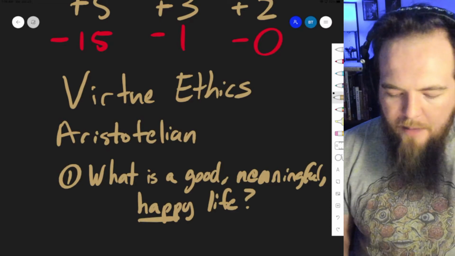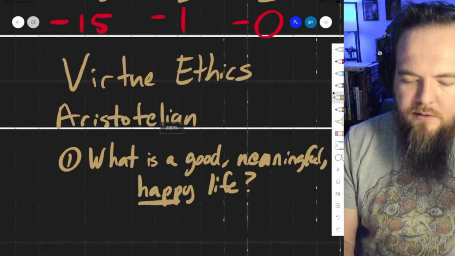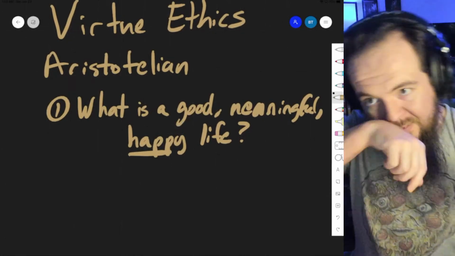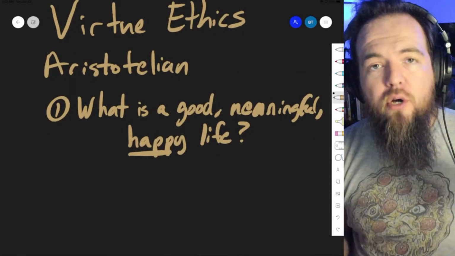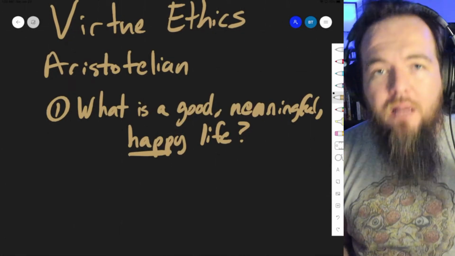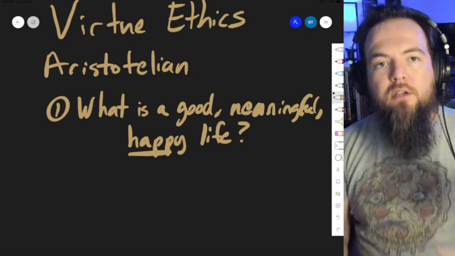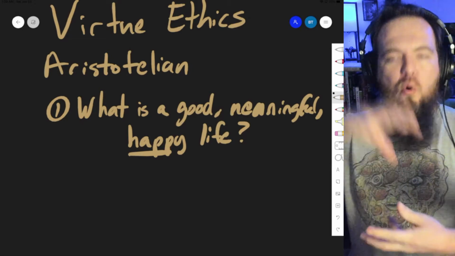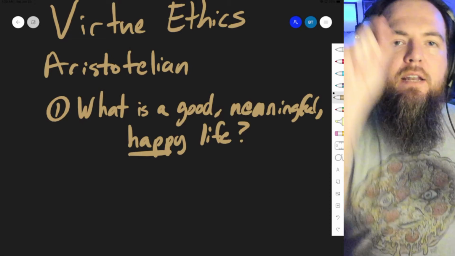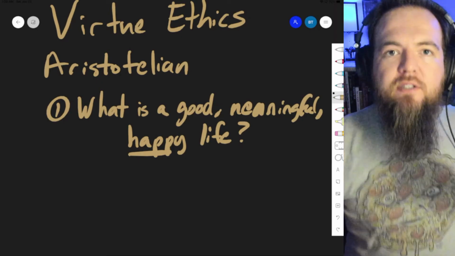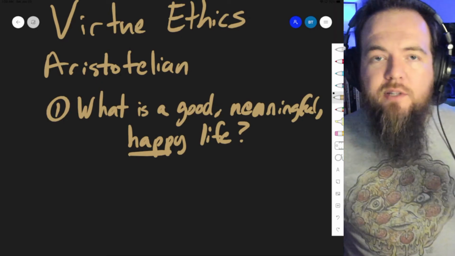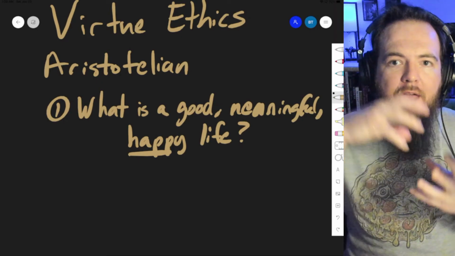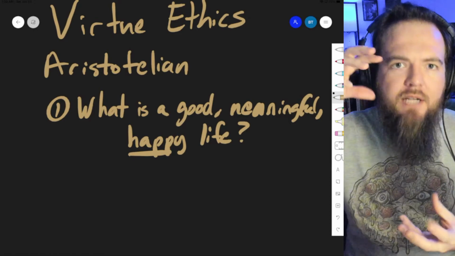So Aristotle's going to use happiness, but I use good and meaningful because that makes a little more sense to us. What is a good, meaningful, happy life? Okay? So automatically, we're zooming out. We're being more holistic. We're not just looking at individual actions or the reasons for the actions or the consequences of the actions. Now we're looking at life as a whole, the entire narrative.